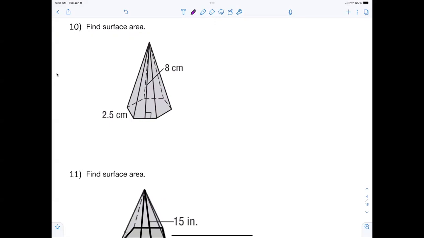Okay, I like this one. This is a hexagonal pyramid. We agree with that? So again, surface area is equal to area of the base plus 1/2 perimeter times slant height. All right, come on, guys. Let's review.